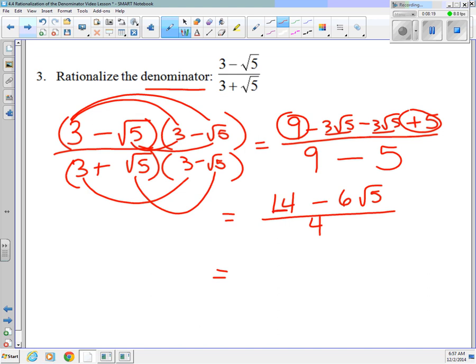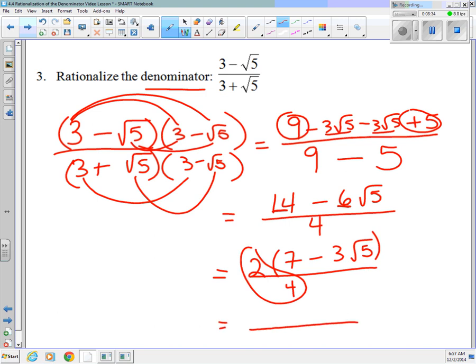We can factor out a 2. And I'm left with 7 minus 3 radical 5 over 4. And then I have 2 divided by 4 here, which simplifies to 1/2. So I would end up with a 1 in the numerator, a 2 in the denominator. 1 times 7 minus 3 radical 5 is just 7 minus 3 radical 5, and then divided by 2. That's one way to accomplish the task of simplifying it.